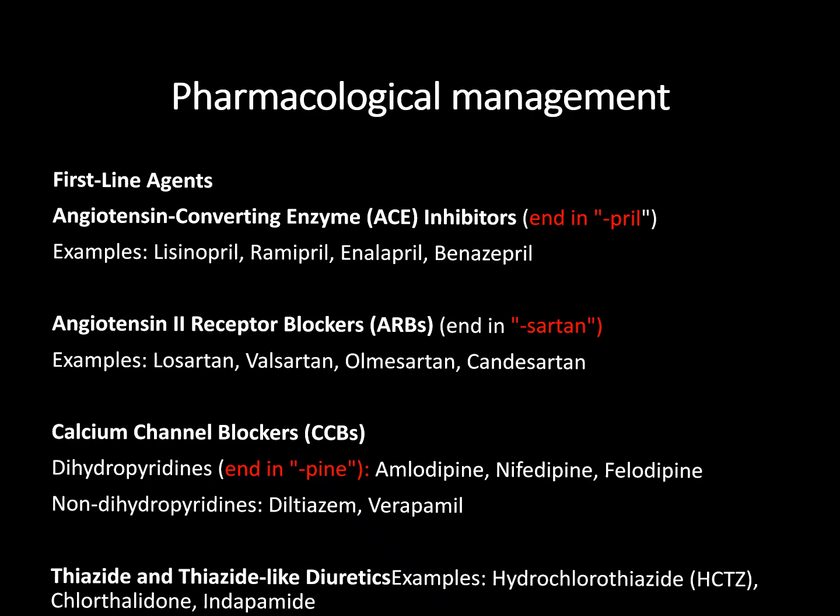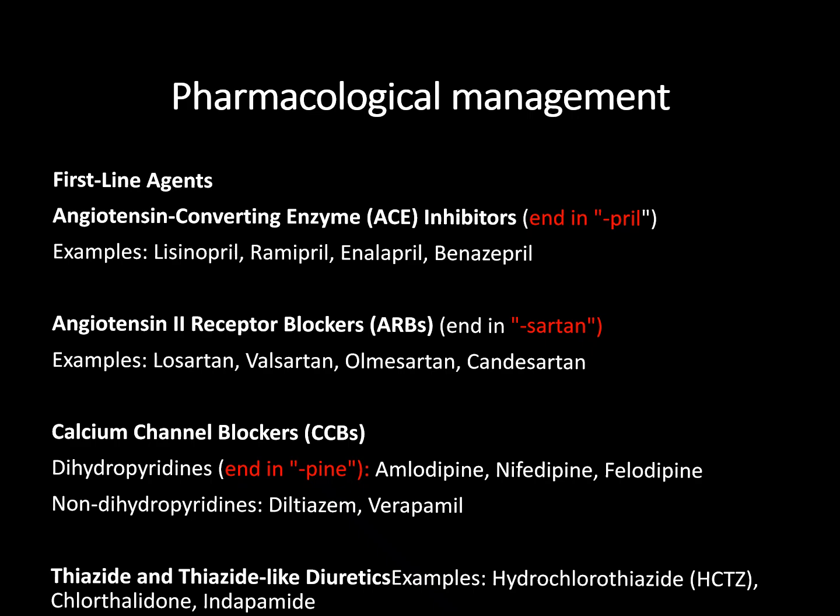Our first drug class is angiotensin converting enzyme inhibitors, which usually end with pril, for example lisinopril. Then we have the angiotensin 2 receptor blockers, which always end with sartan, for example losartan.